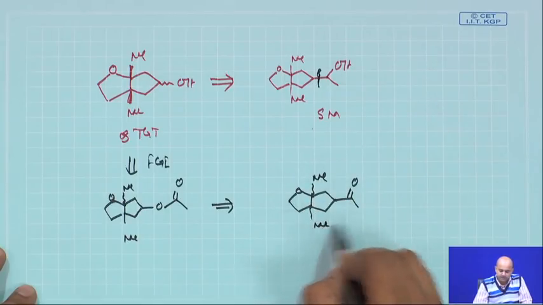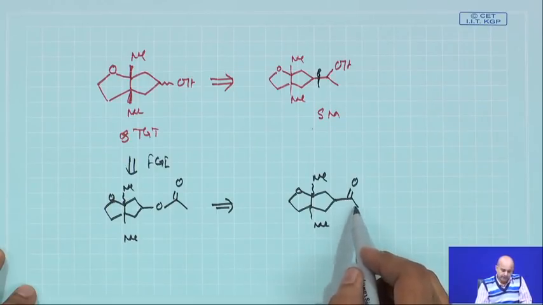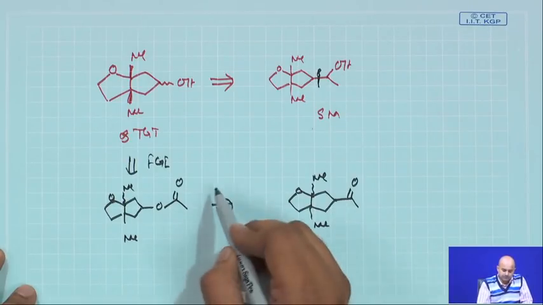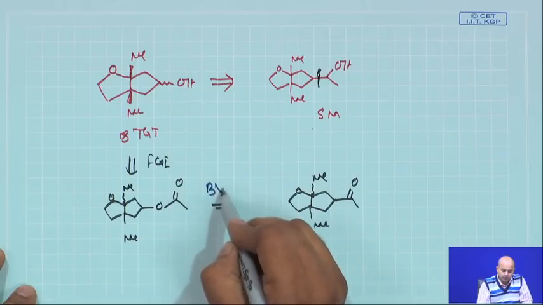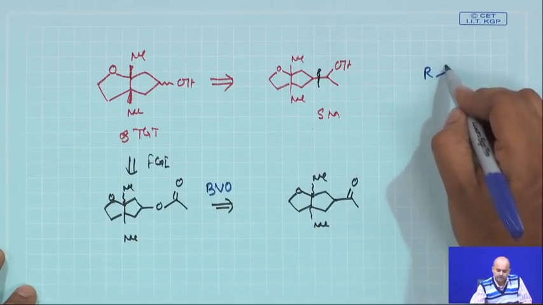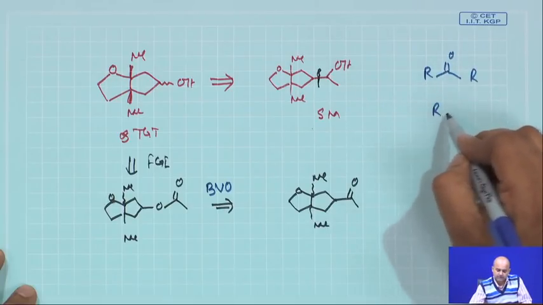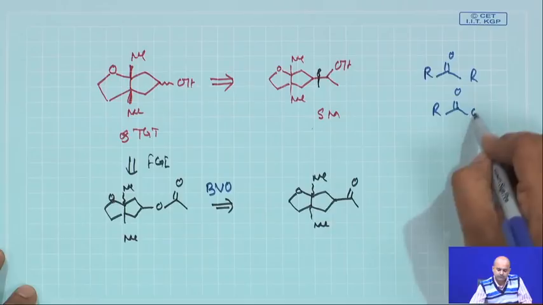this reaction. Now, once I write that a ketone can be converted to an acetate, the transformation which will initially come to your mind is a Baeyer-Villiger oxidation. In Baeyer-Villiger oxidation, if you have a ketone, you can get the corresponding ester.